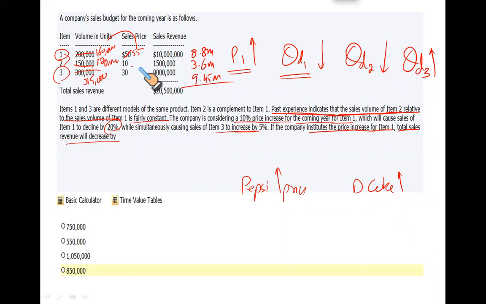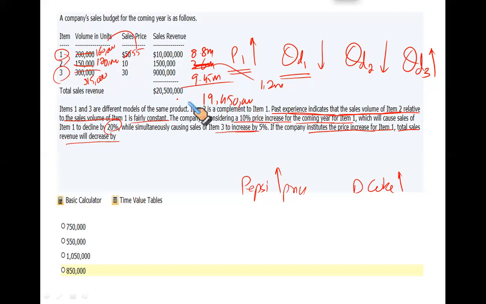This needs to be corrected. It's 120 multiplied by 10, it's going to be 1.2 million. So your new sale is going to be 8.8 million plus 1.2 million plus 9.45 million. Your sale is going to be 19.45 million. New sale is going to be 19.45 million if we change just the price of item 1.